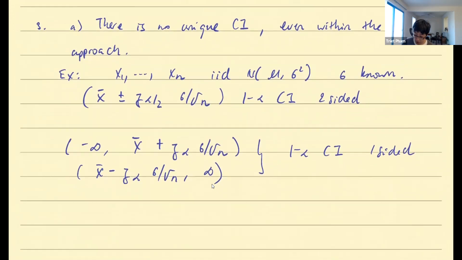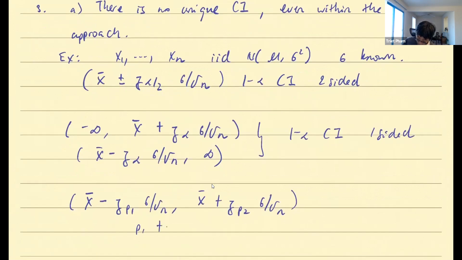And then there's still one more, which is a little bit crazy: X bar minus z P1 sigma over root n to X bar plus z P2 sigma over root n, where P1 and P2 are given values that you require to satisfy P1 plus P2 equals alpha. This is also two-sided, but non-symmetric.